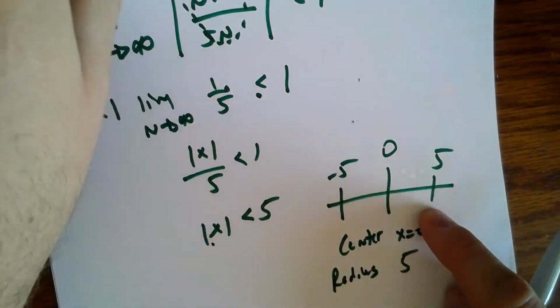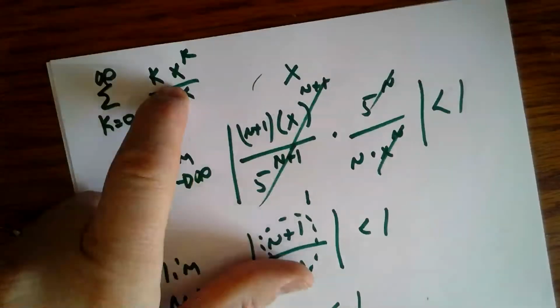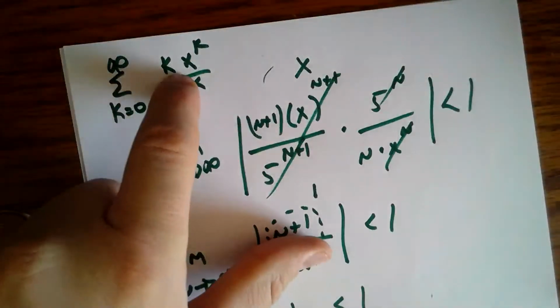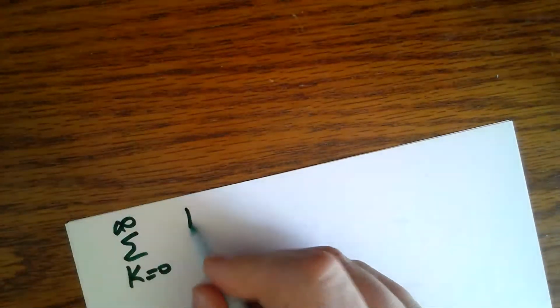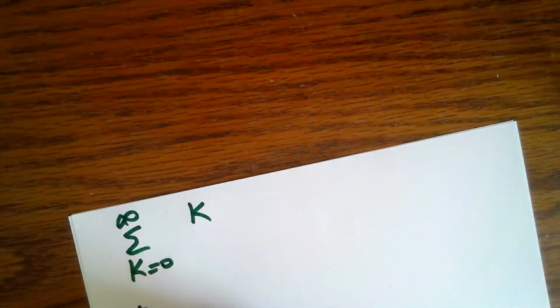So we have to substitute in 5 and -5. And you can kind of see what's going to happen when I substitute in 5 and when I substitute in -5. A lot of these are alternating series at the end of the day. So the sum from k equals 0 to infinity, let's test x equals -5 first.